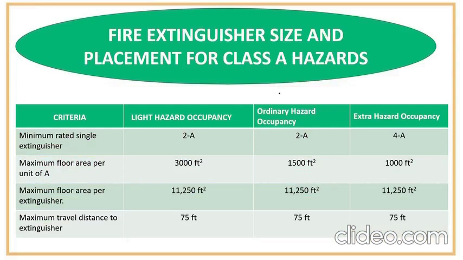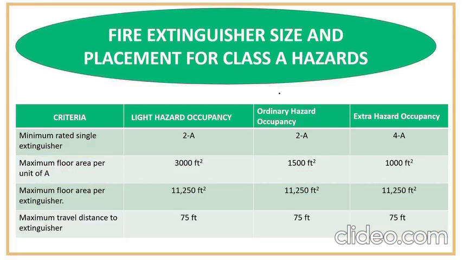Maximum floor area per unit is recommended 3000 square feet for light hazardous area, and for ordinary hazardous area you have to consider 1500 square feet. When you have extra hazardous, you have to consider 1000 square feet.